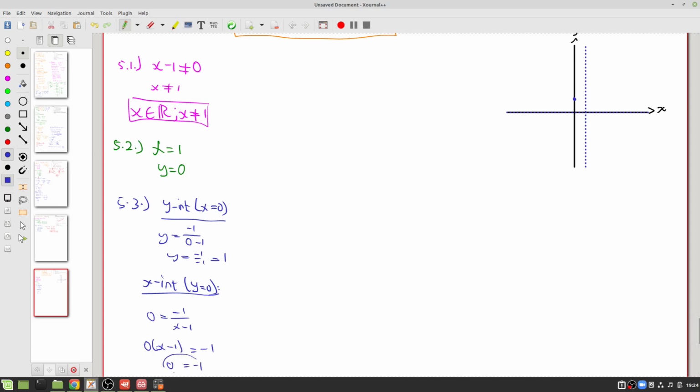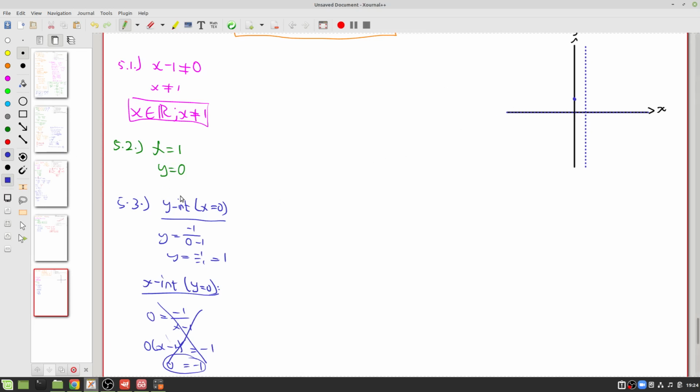So we see there's a problem here. The problem is this graph does not exist when y equals 0. That's an asymptote, so it won't have any x-intercepts. It's impossible, so that's why we get an error here. I just wanted to show what it would look like so you don't get confused when you see this in the exam and think mathematics is broken. So we only have the one intercept.